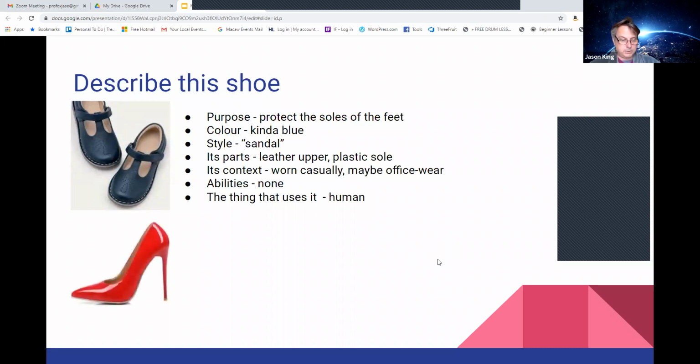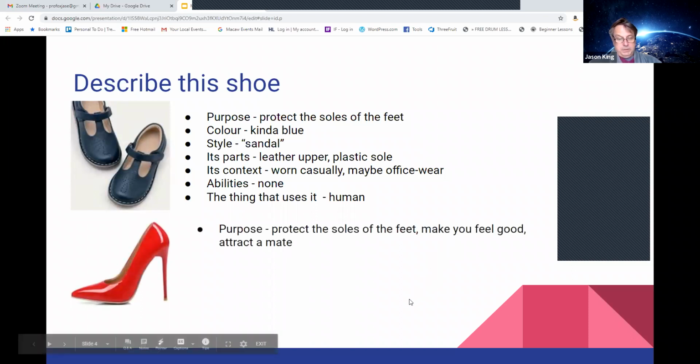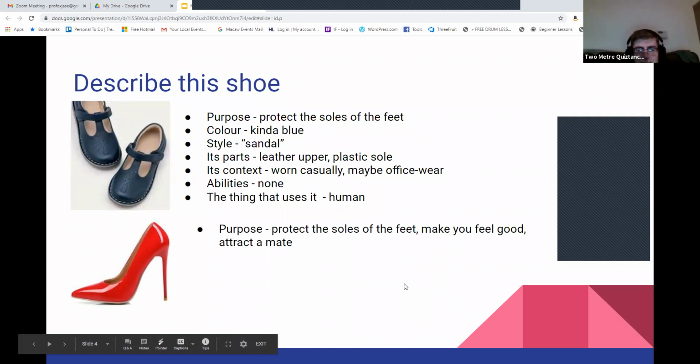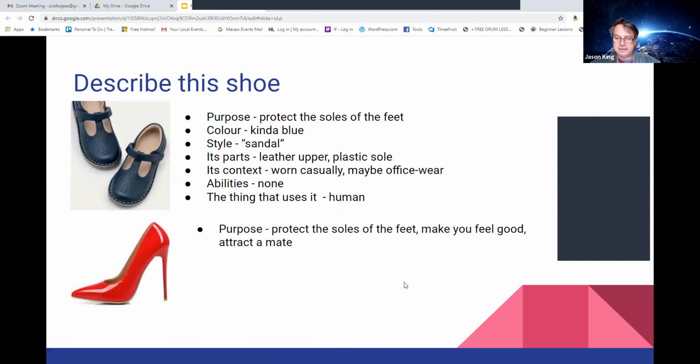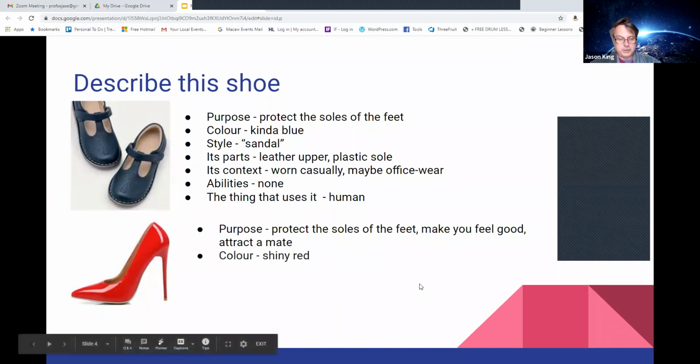Okay, what about this next one? Well, it protects the soles of your feet. Yep, it's the same thing. It makes you feel good, depending on who you are, and maybe it's used to attract a mate. So the purpose is kind of the same, but there are hidden reasons to it. Shiny red. It's got a high heel. Look at this.